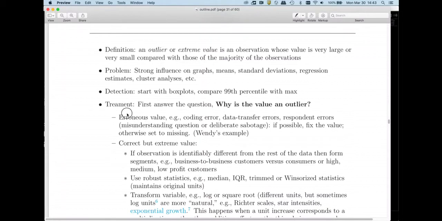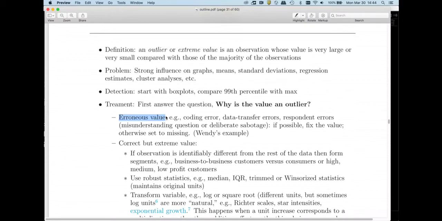I call this the erroneous value answer. Things happen with data transfers, they can be corrupted. If people are typing in values, people make mistakes when they type. Sometimes you get people who intentionally try to sabotage a survey, for example, by giving you weird numbers. Those would all be examples of erroneous values.